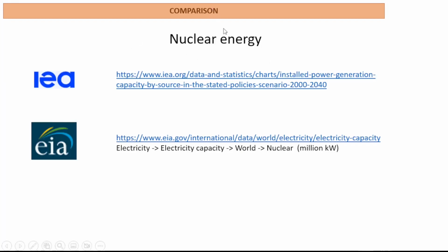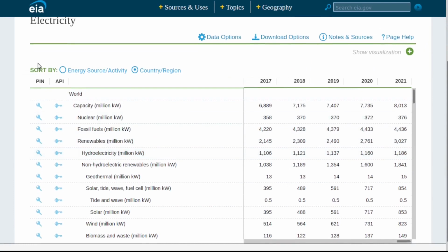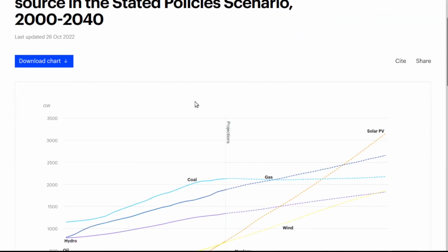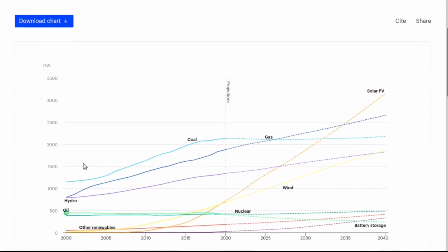Once again, we will compare these two agencies, for nuclear energy. Let's see the amount of energy given by nuclear power in 2021, that is 376 millions of kilowatts, and the international agency gives us this plot, that is approximately 400 gigawatt.